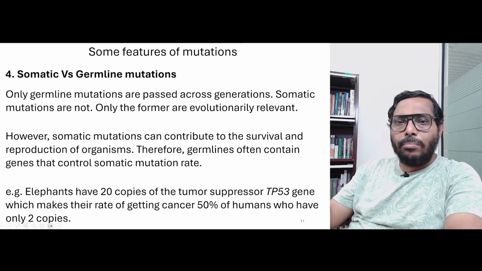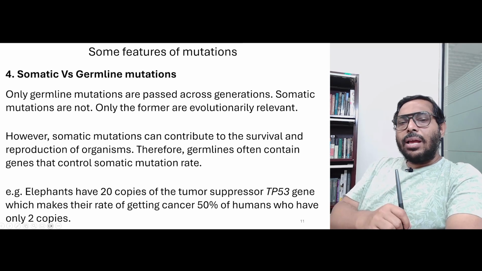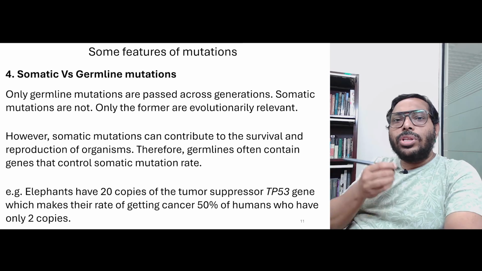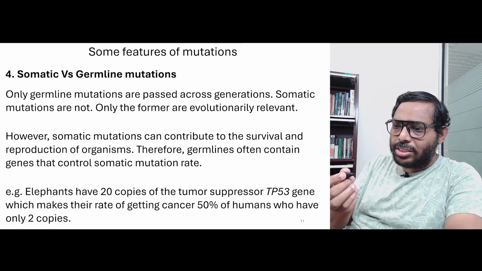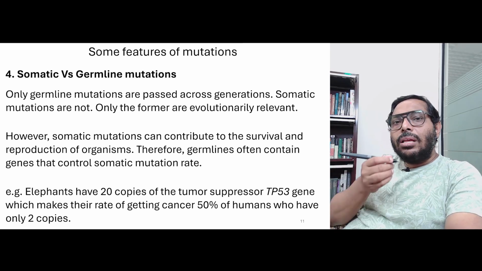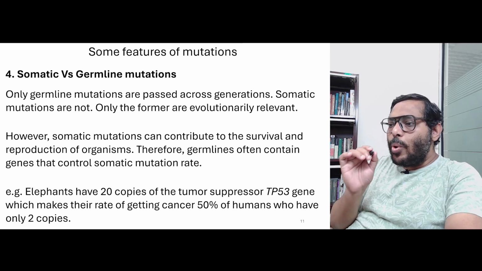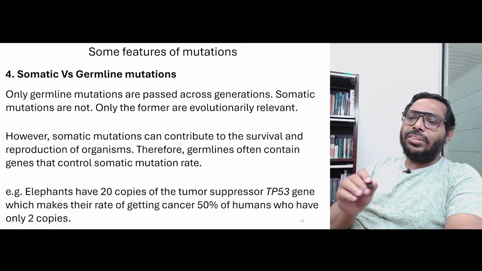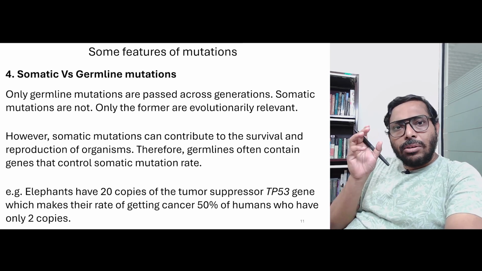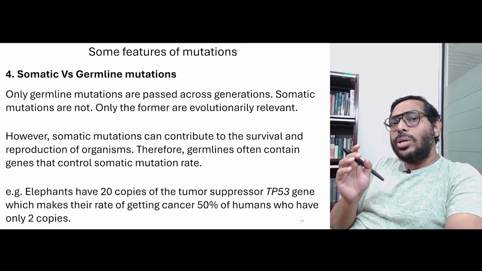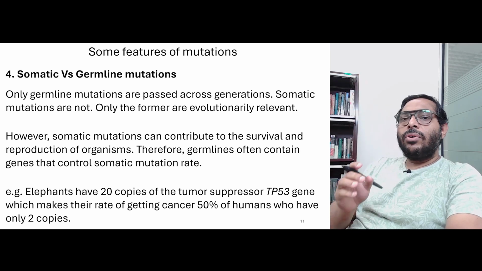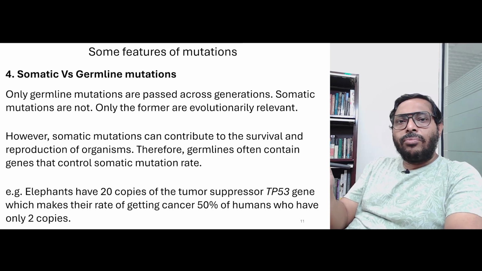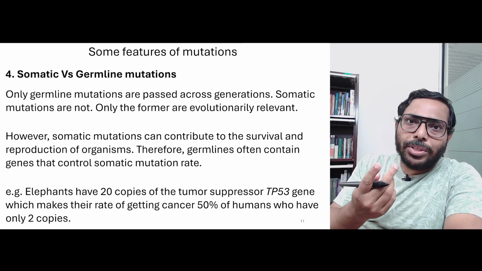Just to give you one major example, we know that elephants are very large organisms with lots of cells, and the more the number of cells, the more the chances of getting and accumulating mutations. So, elephants actually have 20 copies of what is known as the tumor suppressor gene TP53, and these 20 copies reduce the elephant's chances of having cancer to 50% of us humans, who only have 2 copies of that gene.